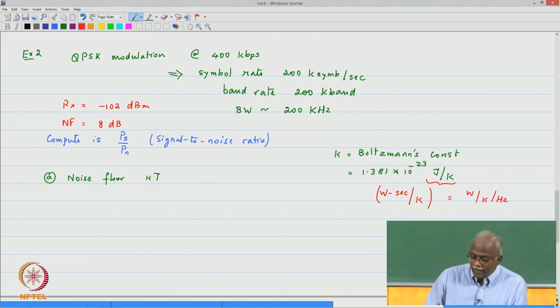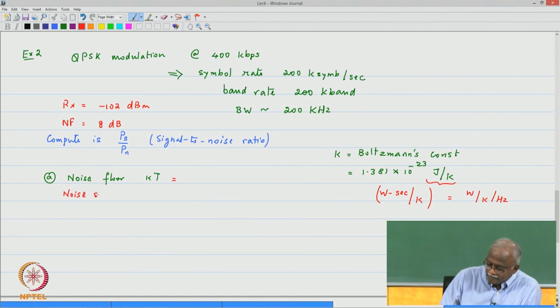Okay. So, now if I multiply K by T, then what we get is watts per Kelvin hertz multiplied by Kelvin. So, I get watts per hertz as the noise spectral density. So, noise spectral density, which is kT.